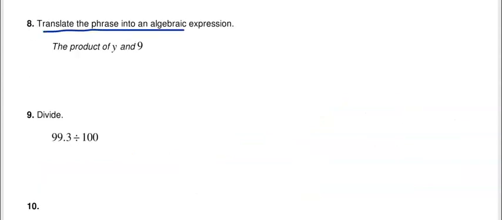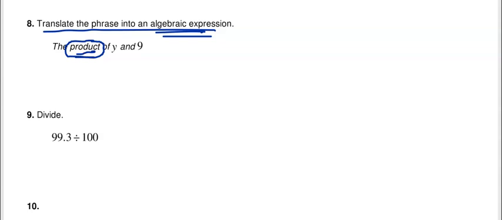Next, it wants us to translate the phrase into an algebraic expression, which basically means we have letters and numbers combined together with some type of operation, whether it be addition, subtraction, multiplication, or division. This one makes life real simple, because we learned many years ago that product is the answer to a multiplication problem.